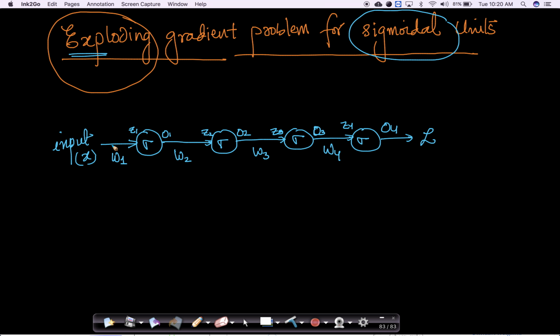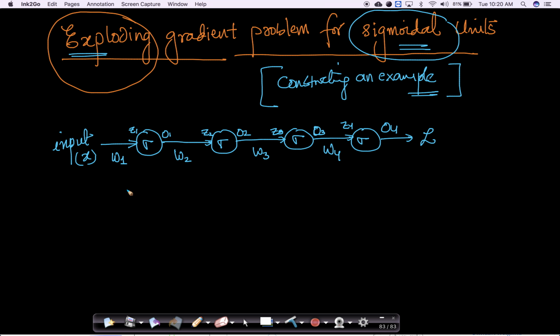I'm just looking at one path. Note that here I'm constructing an example to showcase how exploding gradient problem could happen even with sigmoidal units. I'm constructing an example to prove to you that exploding gradients can happen in certain situations.